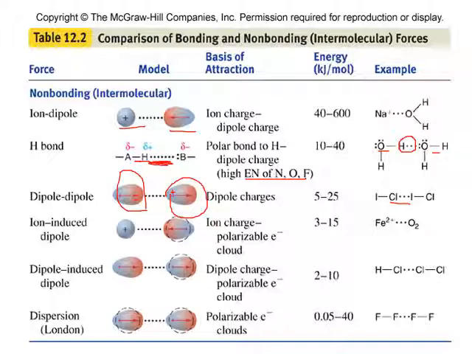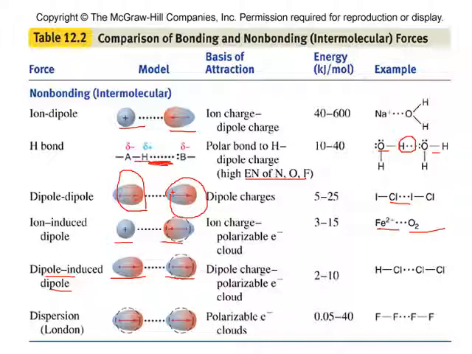Or ion-induced dipole. This is ion, this is dipole. So the ion induces the dipole, to polarize the electron clouds. For example, this one ion, and then oxygen, the dipole. And then dipole-induced dipole: this is a dipole with a negative dipole, and then it induces another dipole. It is like dipole charge too, but the dipole is polarized.